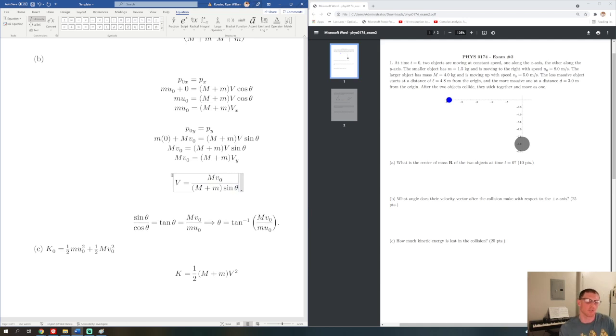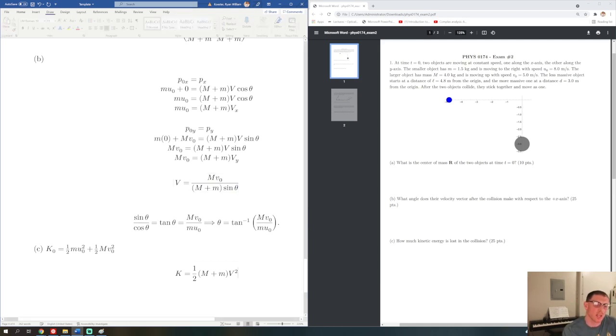And that would be the V that you plug in down here. And then you would just write delta K is given by K final minus K initial, and it would just be a matter of evaluating this.